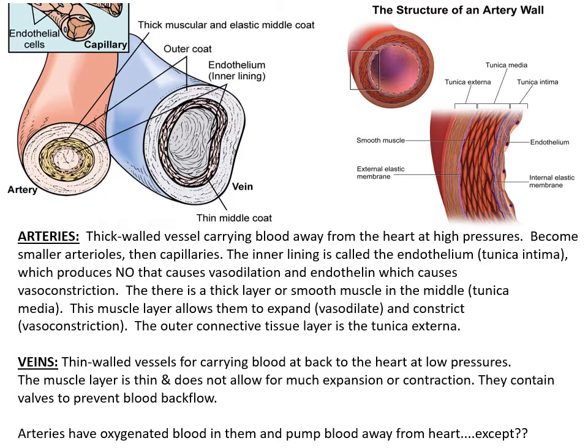As well, arteries have the ability, and they want the ability, to vasoconstrict or vasodilate. And there's a number of different chemicals that can cause an artery to vasoconstrict, such as norepinephrine in the sympathetic nervous system.